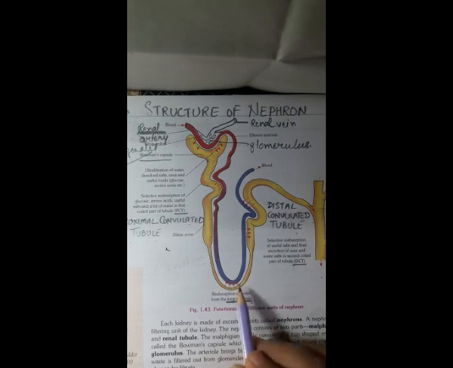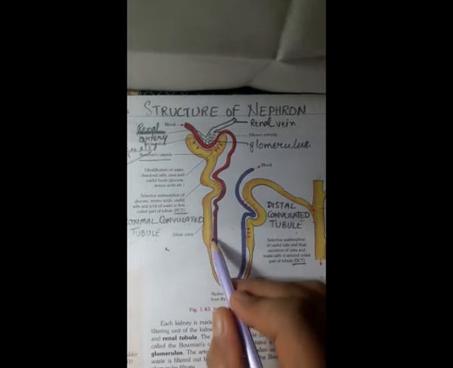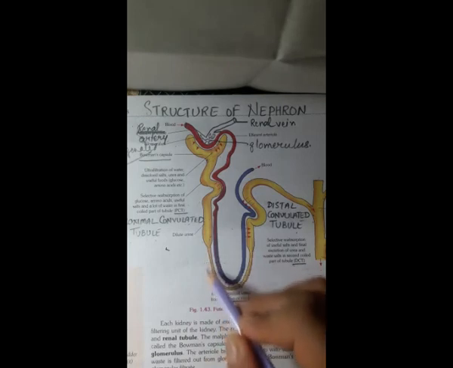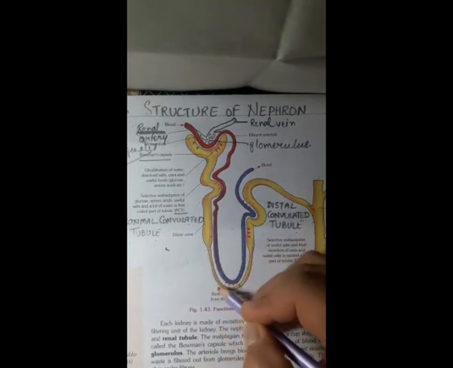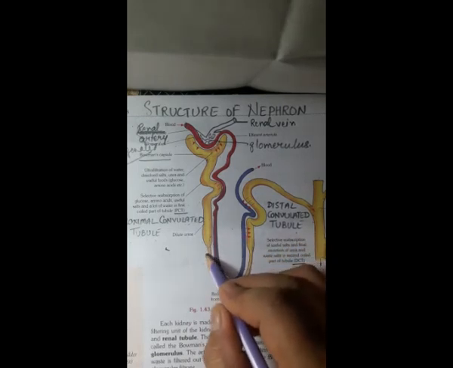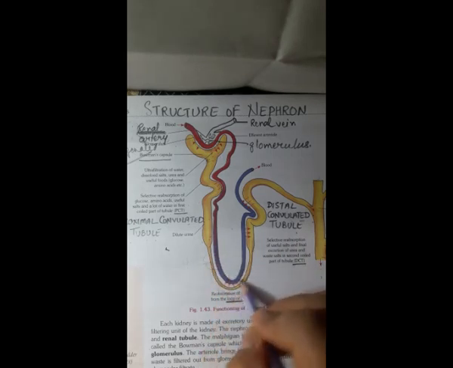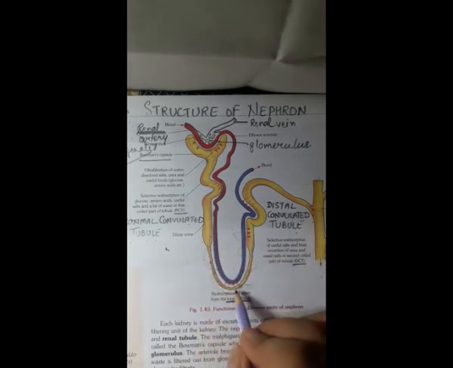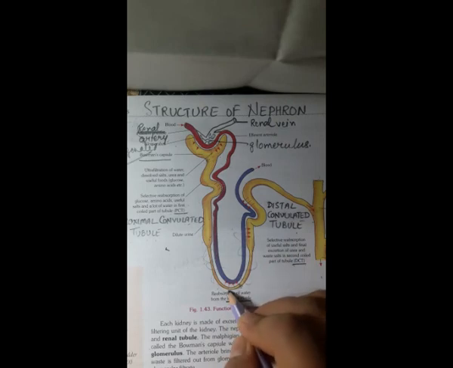So the maximum of water and the glucose, those materials required by the body, are reabsorbed through this loop of Henle. This loop of Henle is surrounded by so many blood vessels, so with the help of osmosis, this material goes into the blood directly, right?